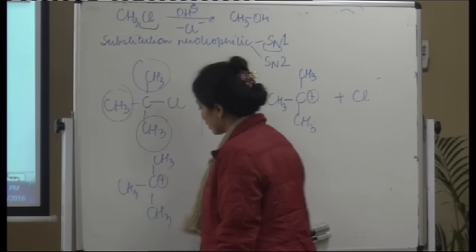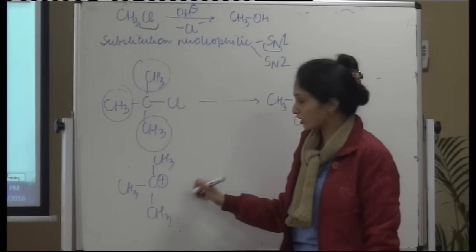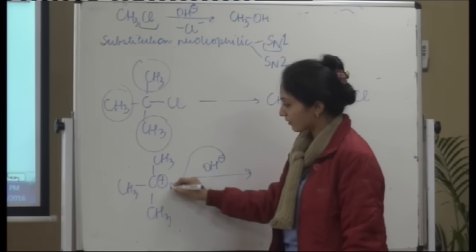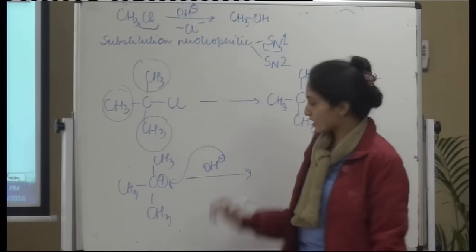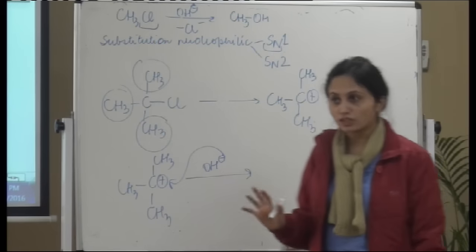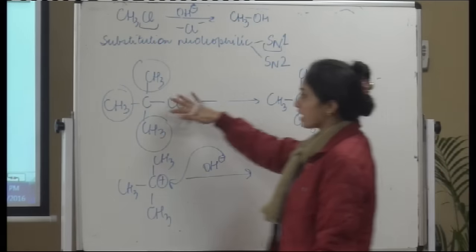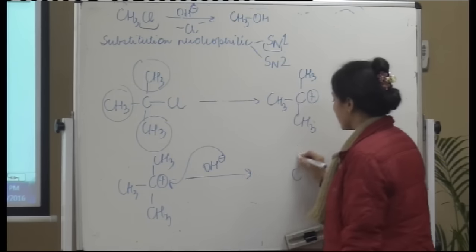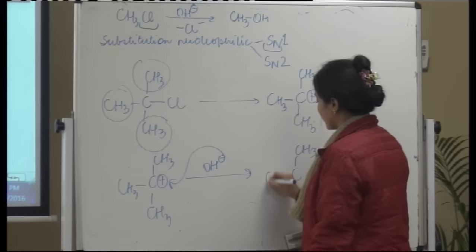Look up onto the board. Now once this carbocation is generated, there is ample space for your OH minus to come and attack. This OH minus will just come and attack here. So there will be a retention in the configuration also, because from where Cl minus left, right there our OH minus attached. Now there are different aspects to this organic reaction.